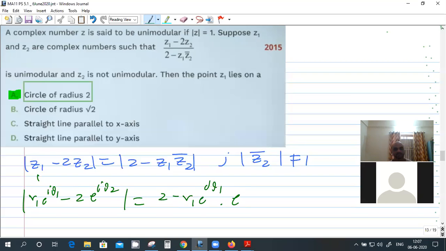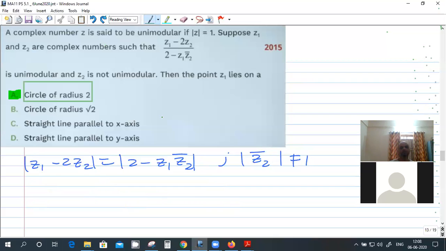Okay, if a complex number, the mod of the complex number I can write as z into z bar.